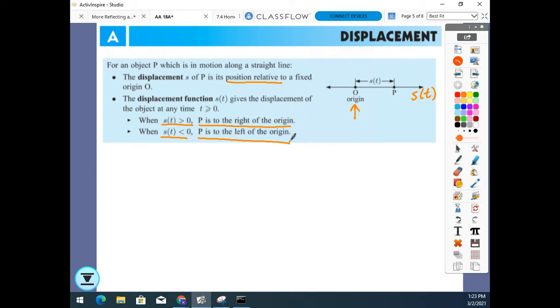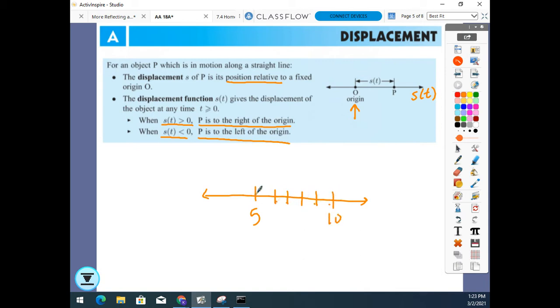So I want you to think about there's a difference between distance and displacement. Say that I have this number line, and here I am at 5.